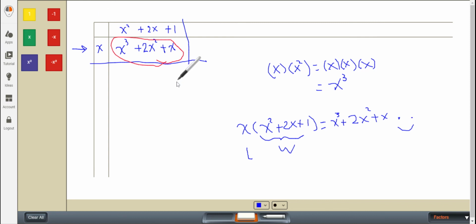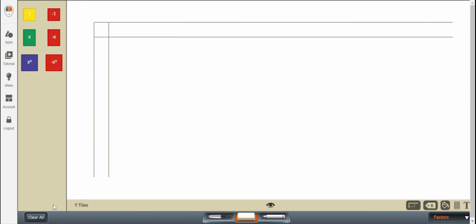Now we've kind of graduated from the tiles. The only reason we cannot use the tiles is because this x cubed means we would have to have literally a cube, which we cannot do on the screen, at least not in the way we have this displayed. We're going to do one more example using this area model. So I'm going to clear this example and write the next one.